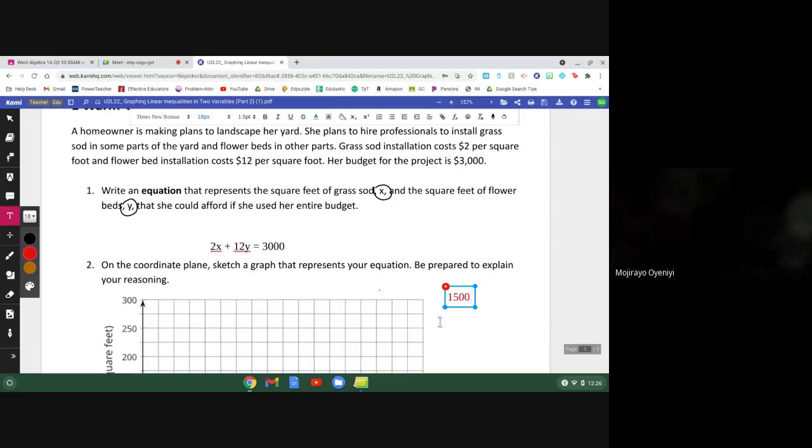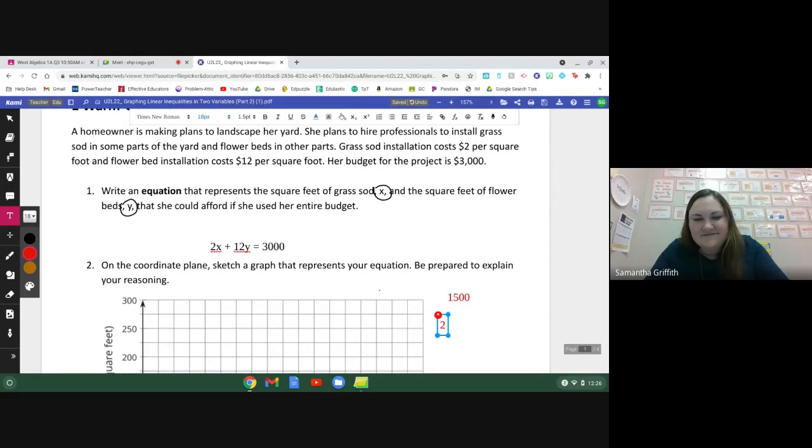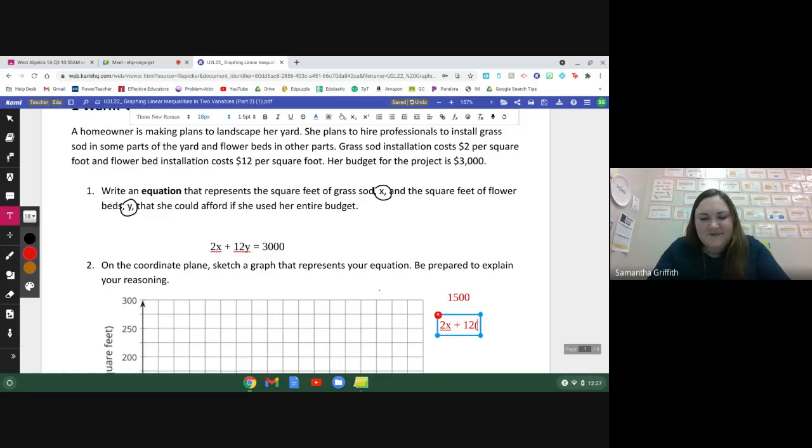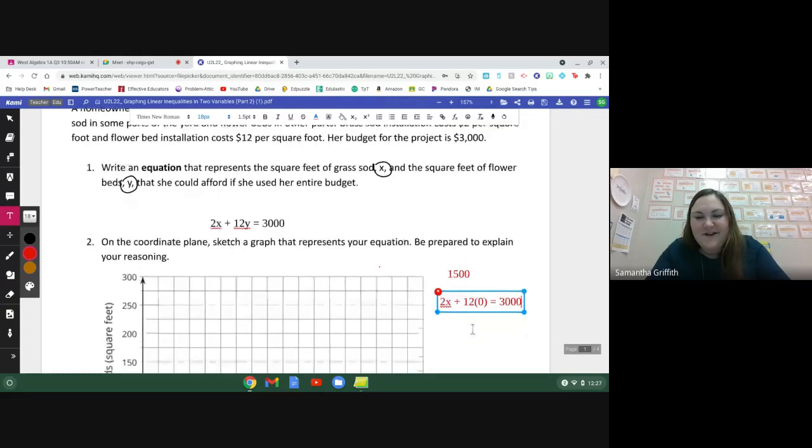Okay, because our equation is saying $2 per square feet, and the total money spent is 3,000. So I think 2x. So we're saying 0 for our y then. 0 for the square feet of flower beds.